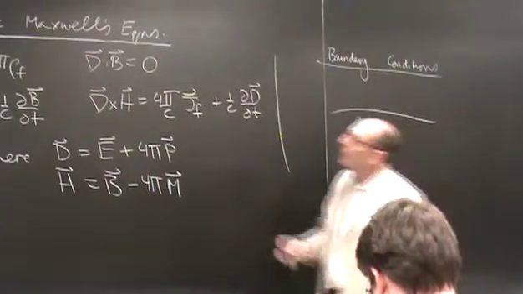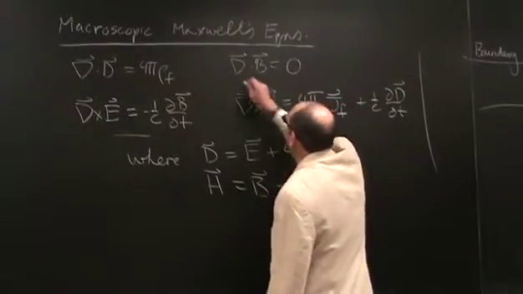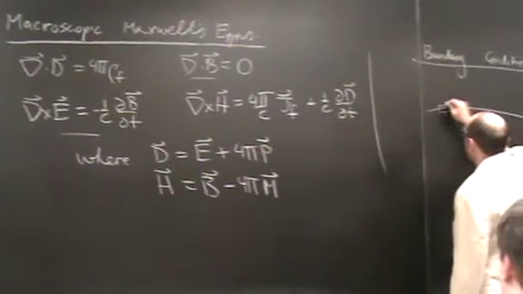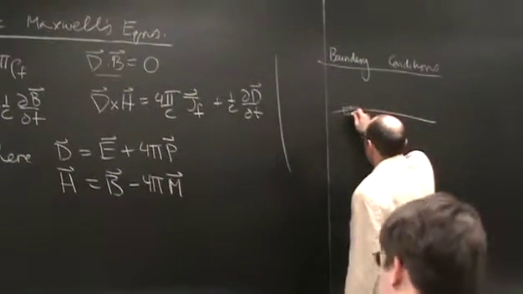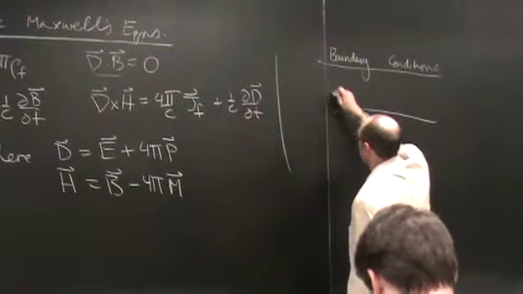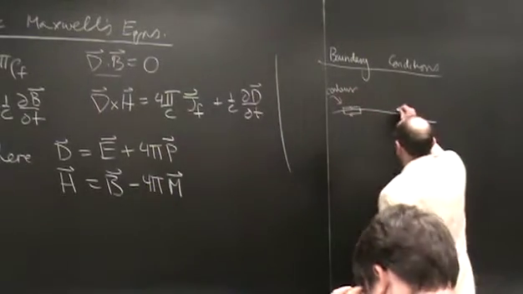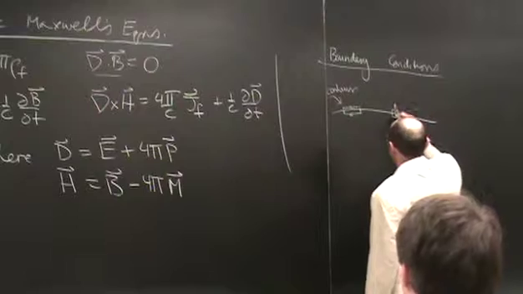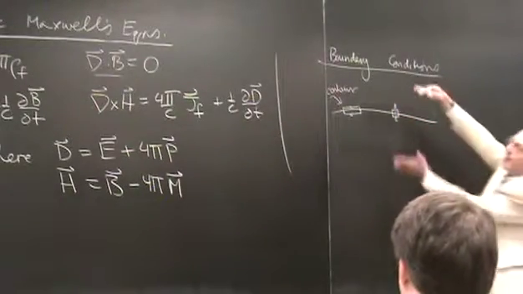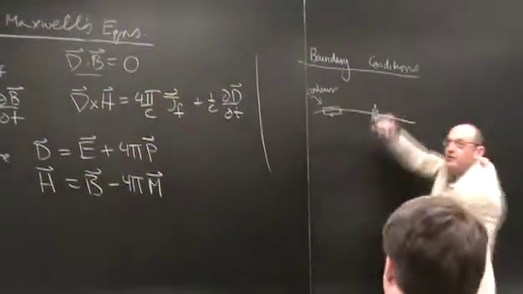So you remember we did this in the context of the microscopic laws. The way you do that is you look at either a little contour loop like this, using the curl equations, or a little pillbox using the divergence equations, and you take the limit that you squeeze the contour around the boundary.